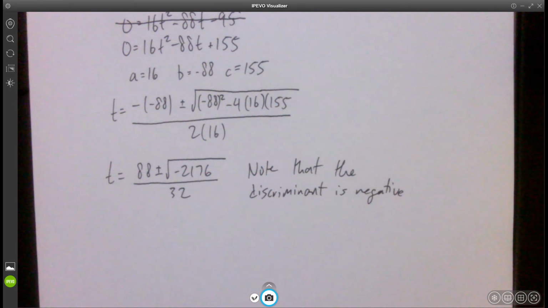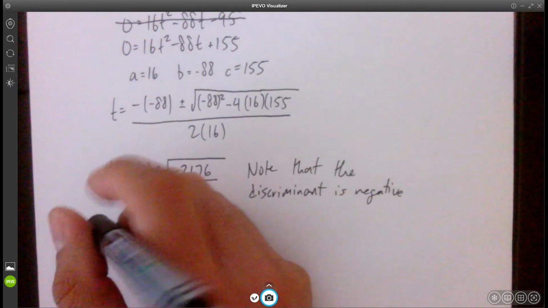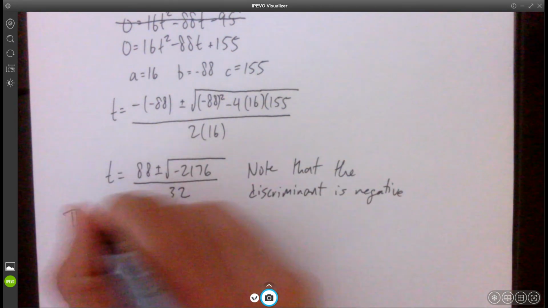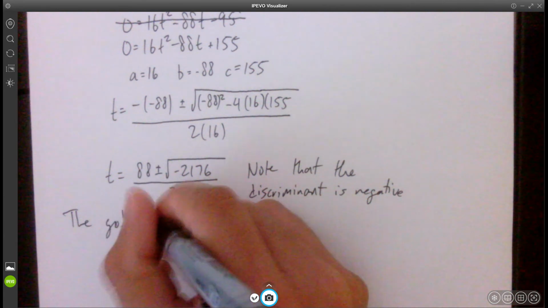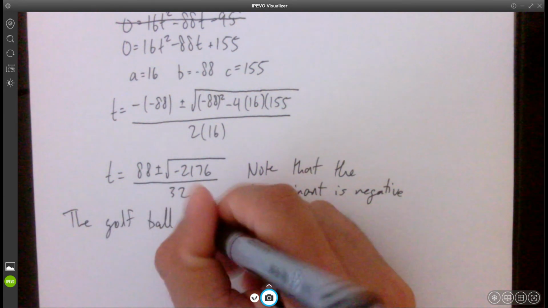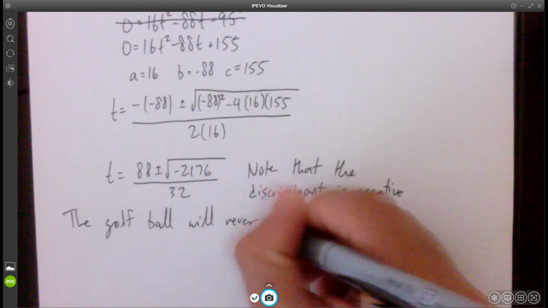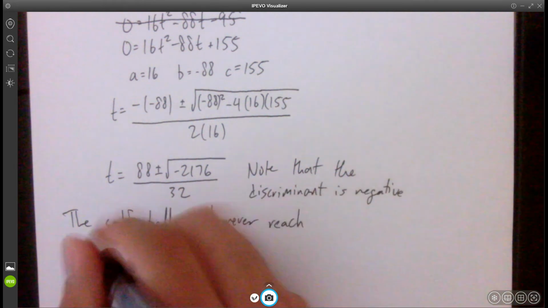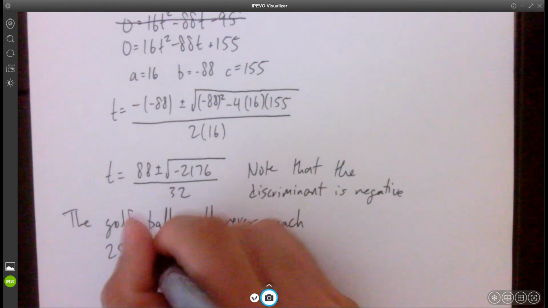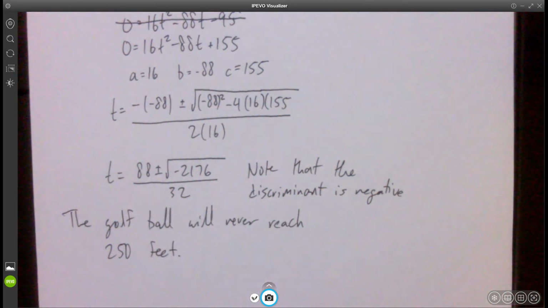So in this case, the golf ball will never reach 250 feet. I don't have to do any more work besides that. It'll never reach 250 feet.